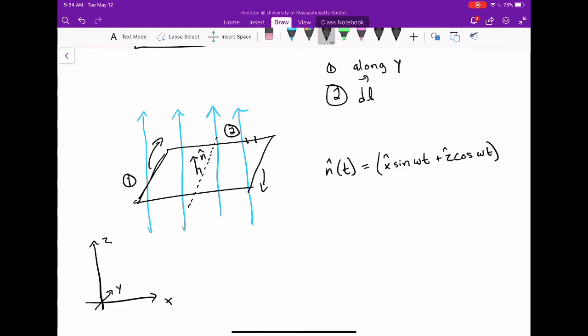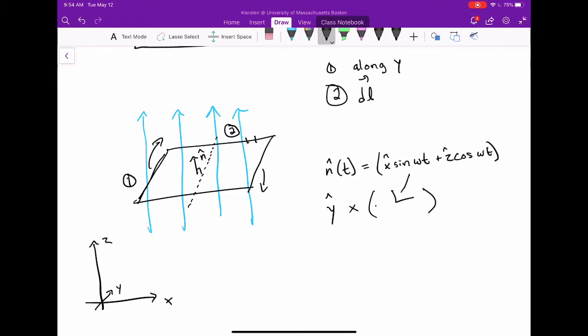Well, it's an element that is perpendicular to both n and y. So if we did y cross n hat, we would get what that element is. We need to do y cross n.